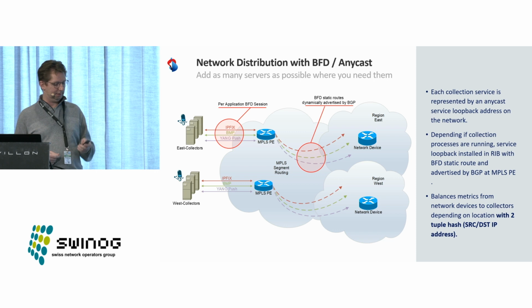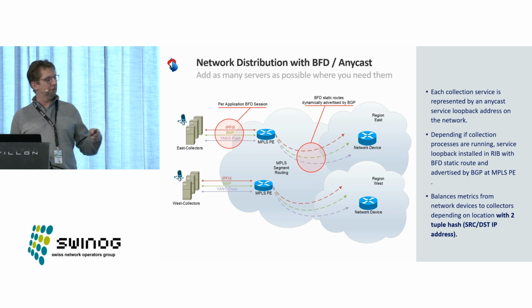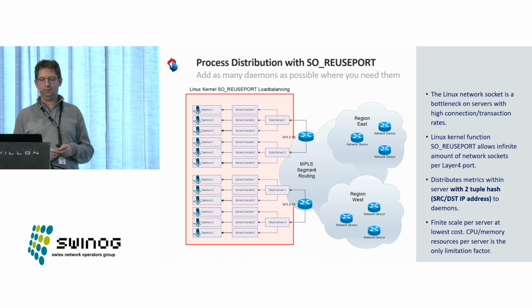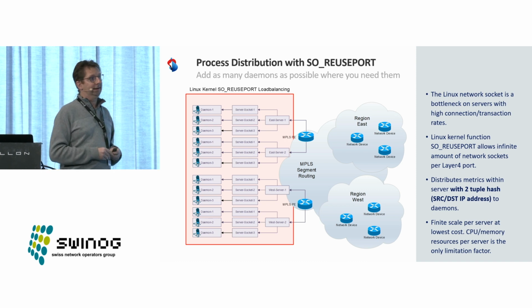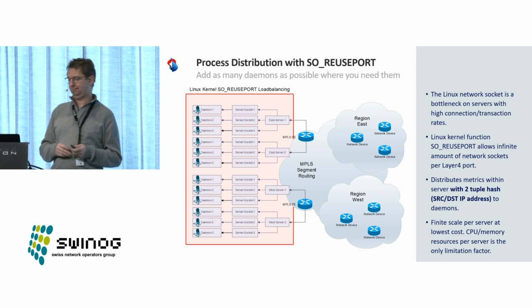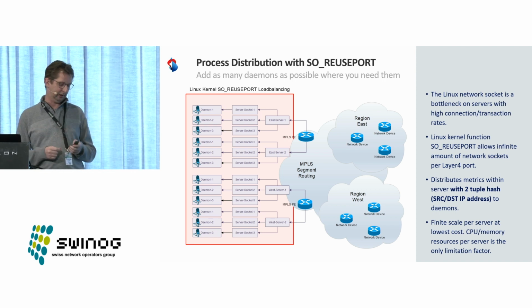Therefore, in the entire load balancing on the network, but also on the server itself, we need to make sure that they're being hashed with a two-tuple hash, so source and destination IP address.